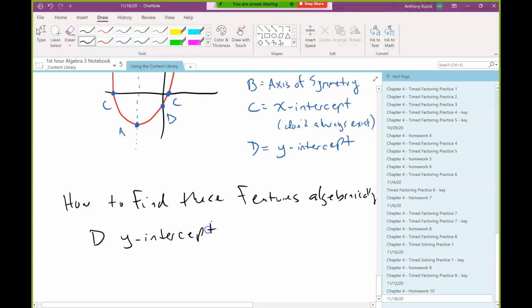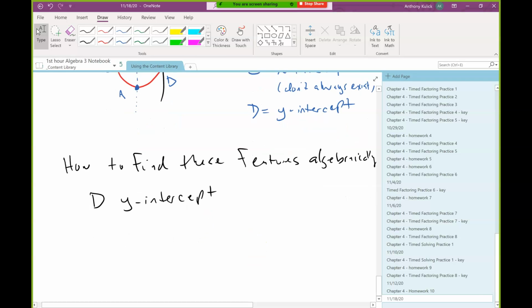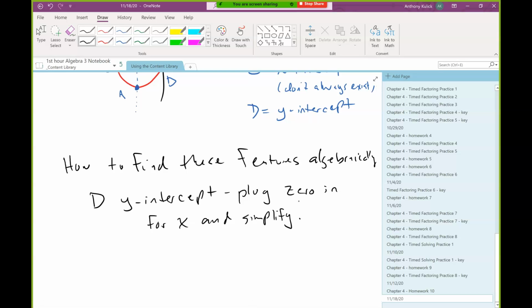We'll start with the y-intercept, because it's the easiest one, because basically all we need to do is plug 0 in for x, and then simplify.